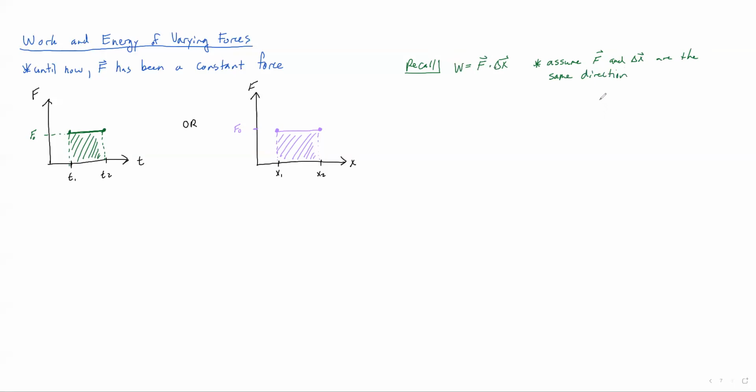Then what you would basically say is that W is equal to F times delta X. Well, look what I have here. If we look at our rectangle, this here is delta X. That here is F. You go from 0 to whatever value you have, the F naught in this case. So what you can say is that work is going to equal the area under the F versus X curve.